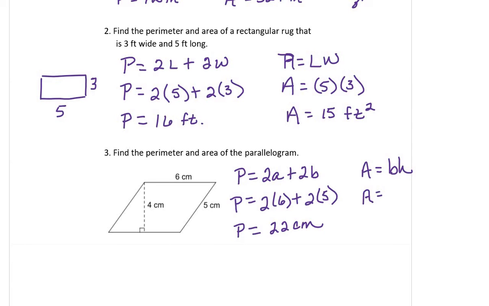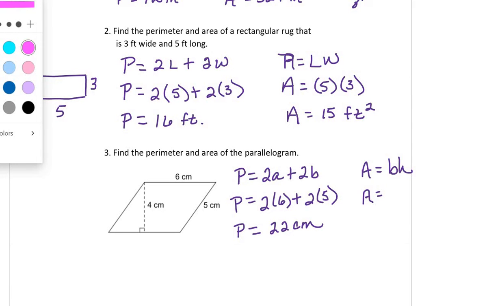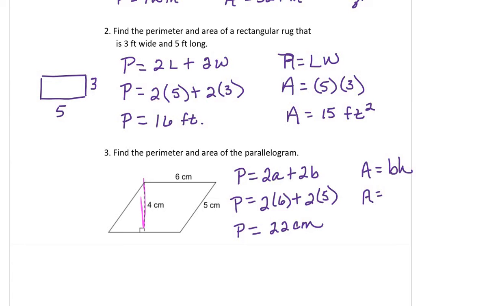The height is going to be this perpendicular distance from base to base. This is going to be my height. And 6 is going to be the base. And I know that this side is going to be the same width as the top part. So the area here is going to be 6 times 4, which is 24, and my units are going to be centimeters squared.